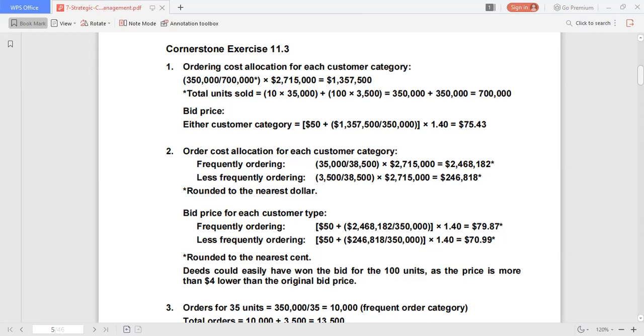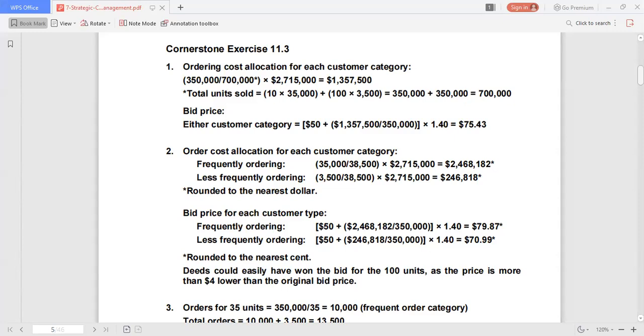The company recently lost a bid for 100 units. The per unit bid price was $2 per unit more than the winning bid. The manager of bids was worried that this was a recurring trend for the larger orders. Other large orders had been lost with similar margins of loss.